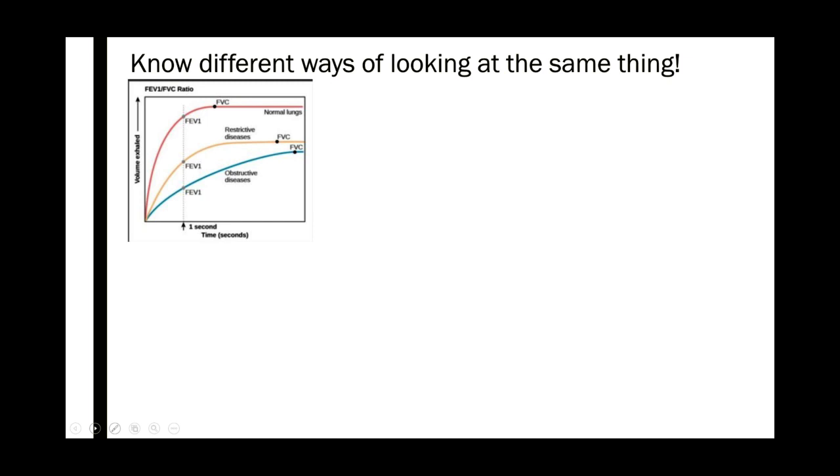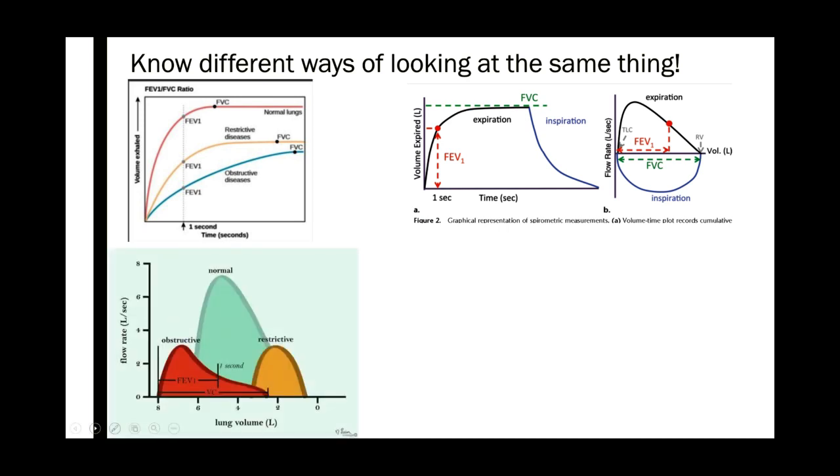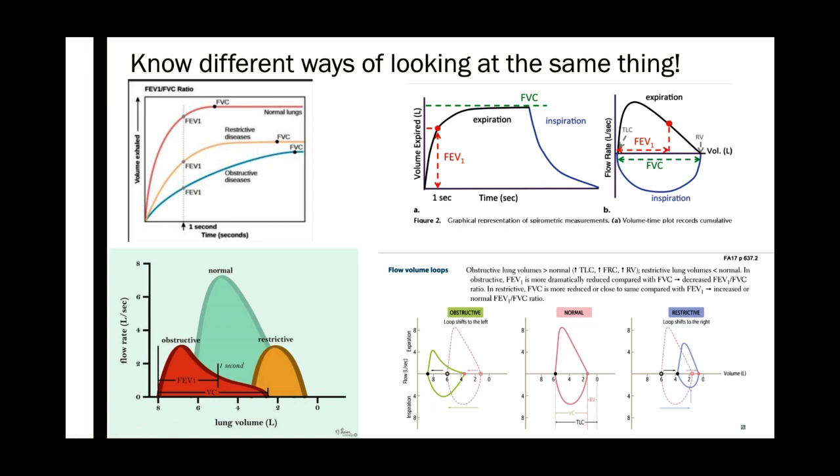So if you can just keep in mind the hallmark symptoms and the hallmark ratios for these diseases, you should be able to pick up in a graph what's going on. And I included different types of graphs so you get used to comparing normal versus obstructive versus restrictive. This is a good explanation from First Aid, so it's good to look at.